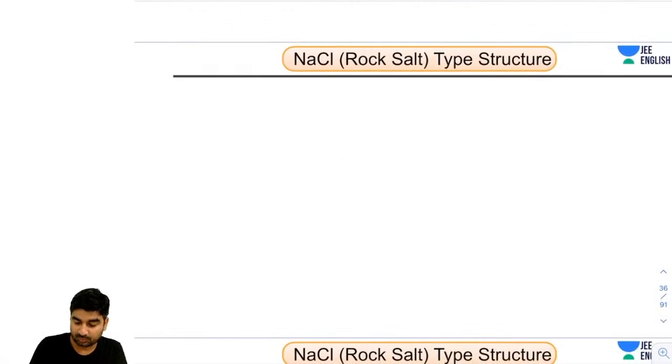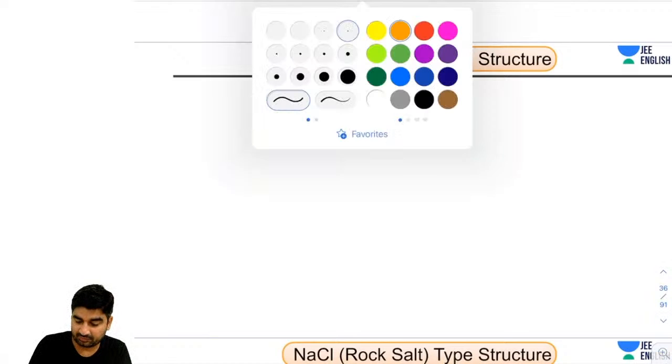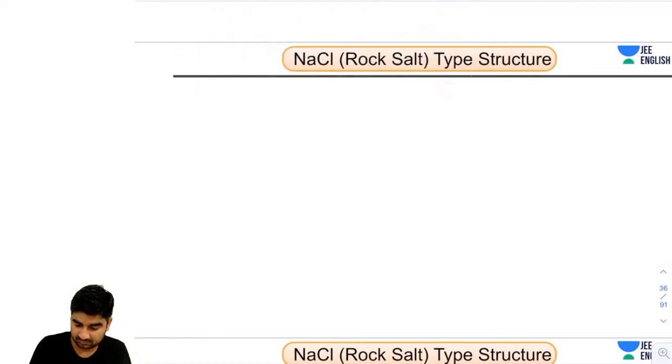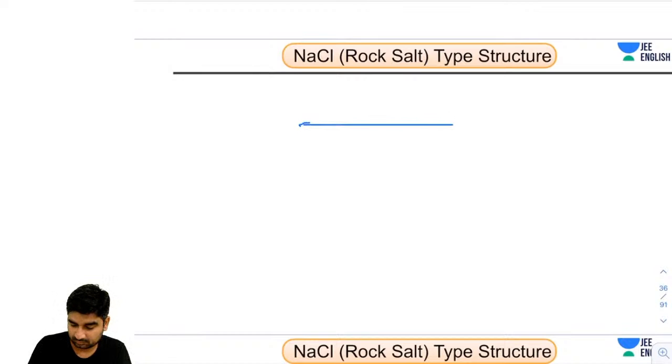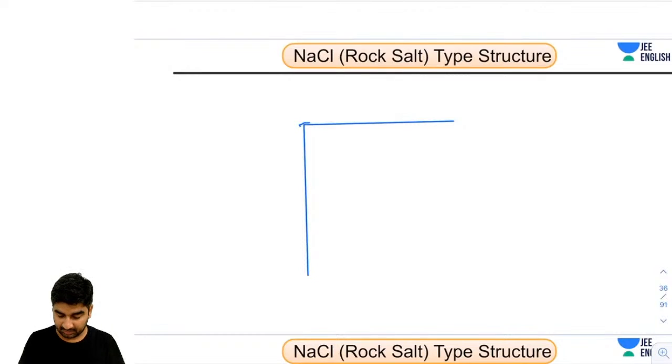If you have taken the screenshot, now let me tell you how to make it. Now I will make it. So first I will make a single cube.